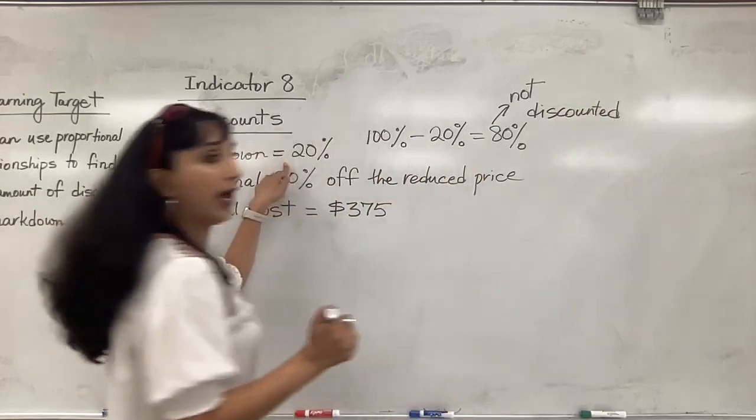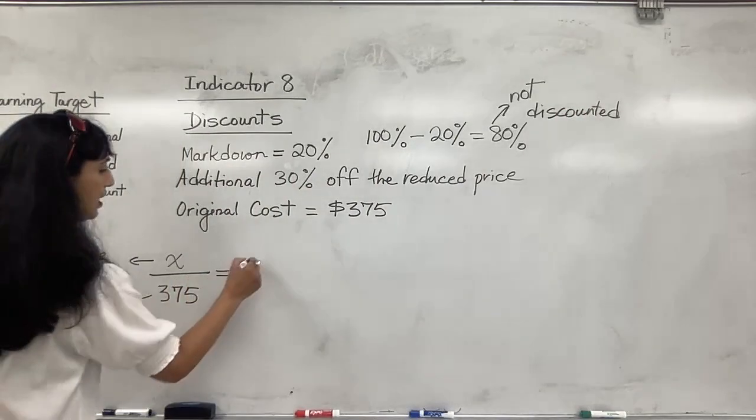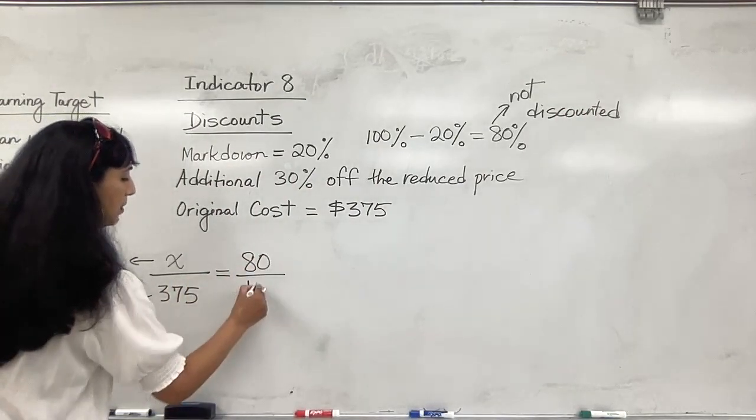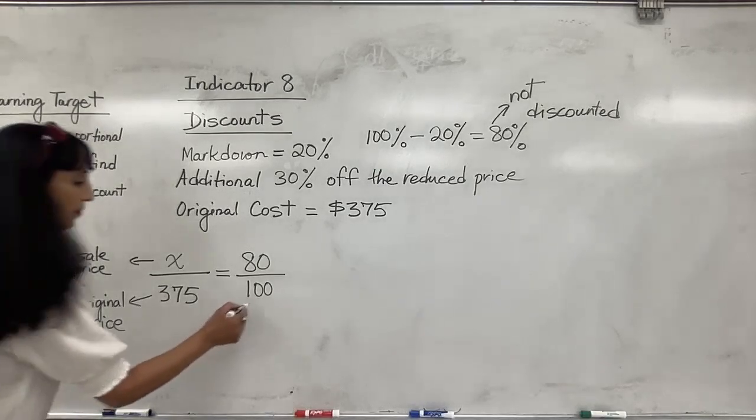So I can straight up take the 80% and write it here, is equal to 80%. Now, I can do 100 times 3 and 7500, right?